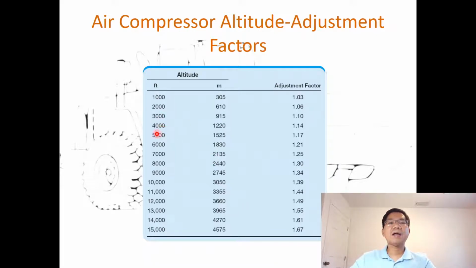If we are, for example, at 6,000 feet altitude, or about 1,800 meters above mean sea level, then we have to adjust by 1.21 for the pressure. So all of that affects the demand and the pressure, and all of it needs to be considered for the adjustment.